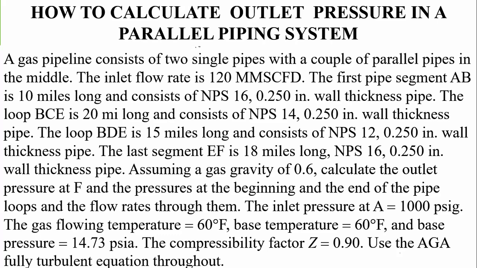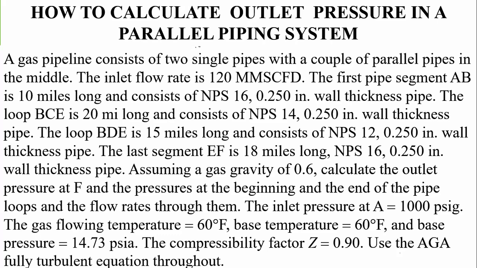0.250 wall thickness pipe. The loop BCE is 20 miles long and consists of nominal pipe size of 14 inches, 0.250-inch wall thickness pipe.